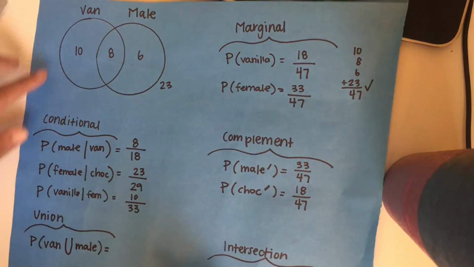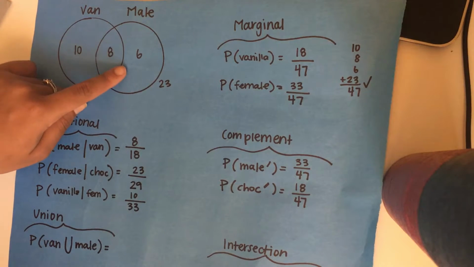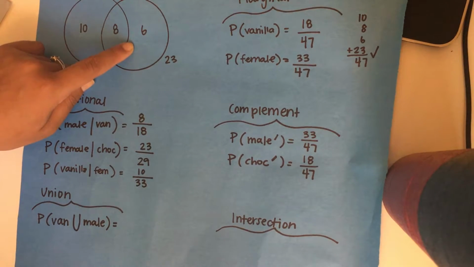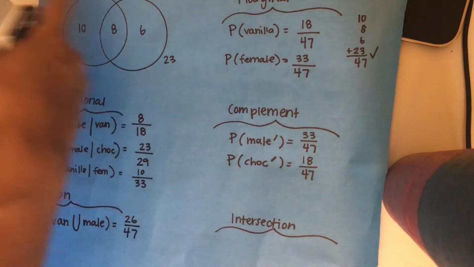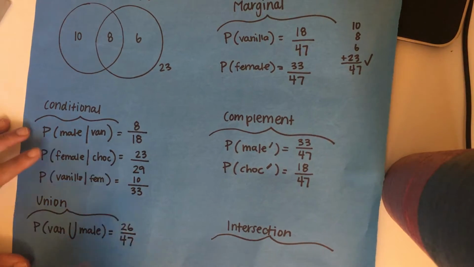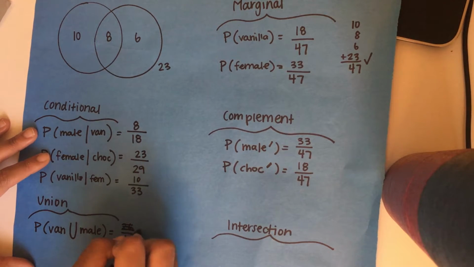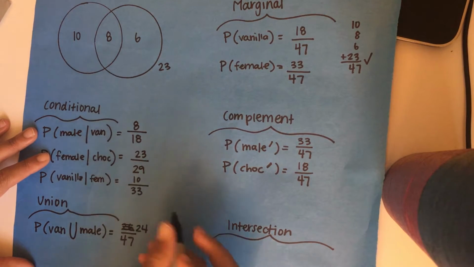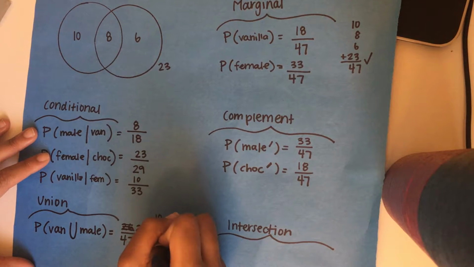So we can add up 10 and 8, which is 18, plus 6, which is 26. So we know 26 people total out of everybody like either vanilla or are male. Actually, I'm sorry, 24, because 10 plus 8 plus 6 is 24.